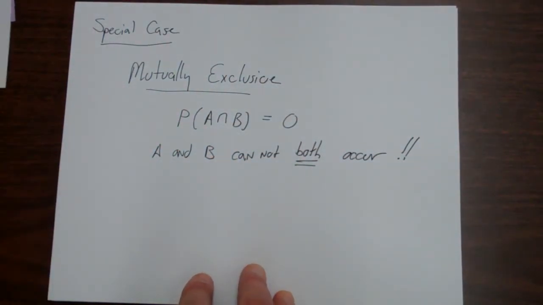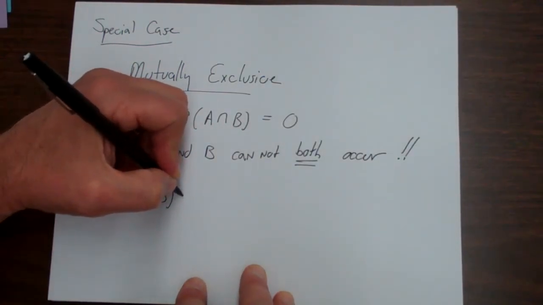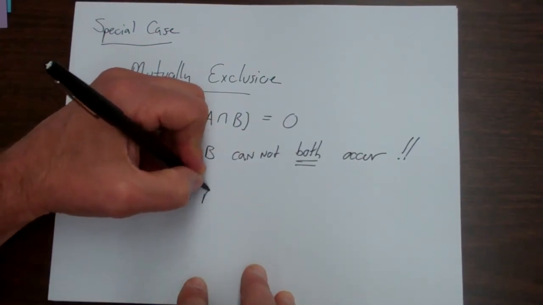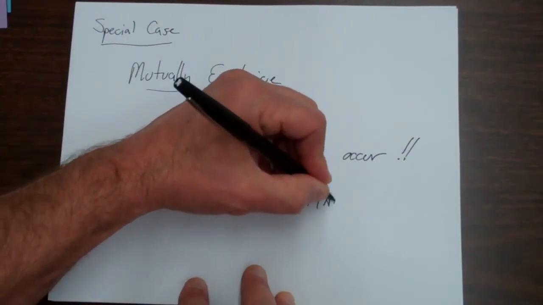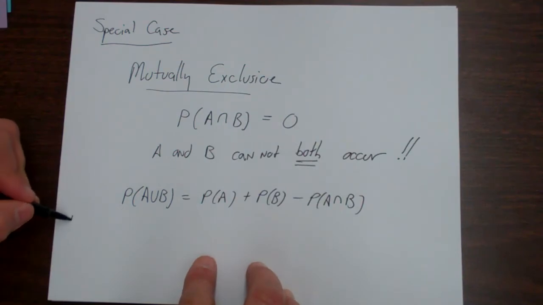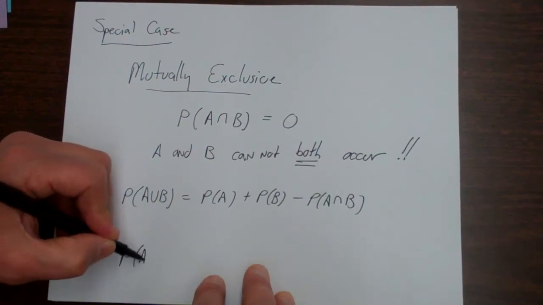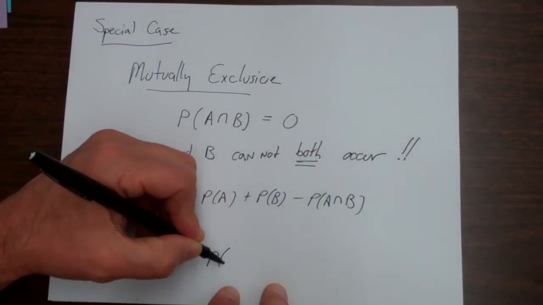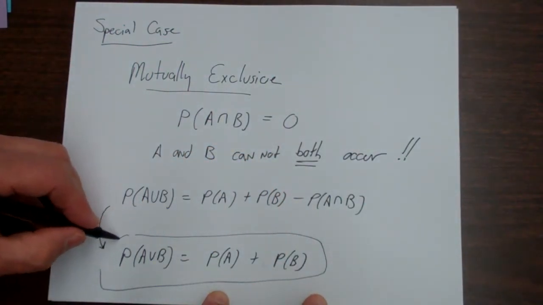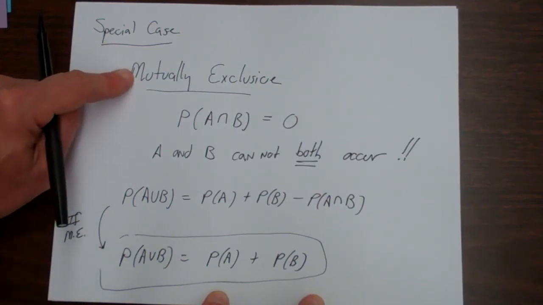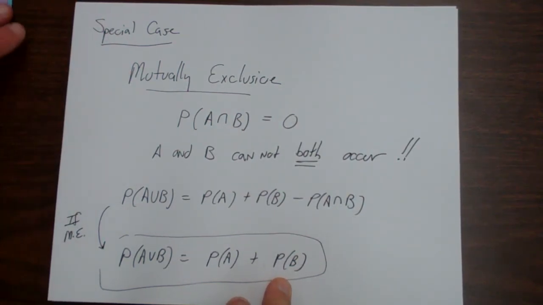In that case, if we apply our formula, the probability of A union B is equal to the probability of A plus the probability of B minus the probability of A and B. But if they're mutually exclusive, that means the probability of A union B is the probability of A plus the probability of B. Now be careful here. This is only true in the special case when they're mutually exclusive. Sometimes there's a rule called the special addition property.